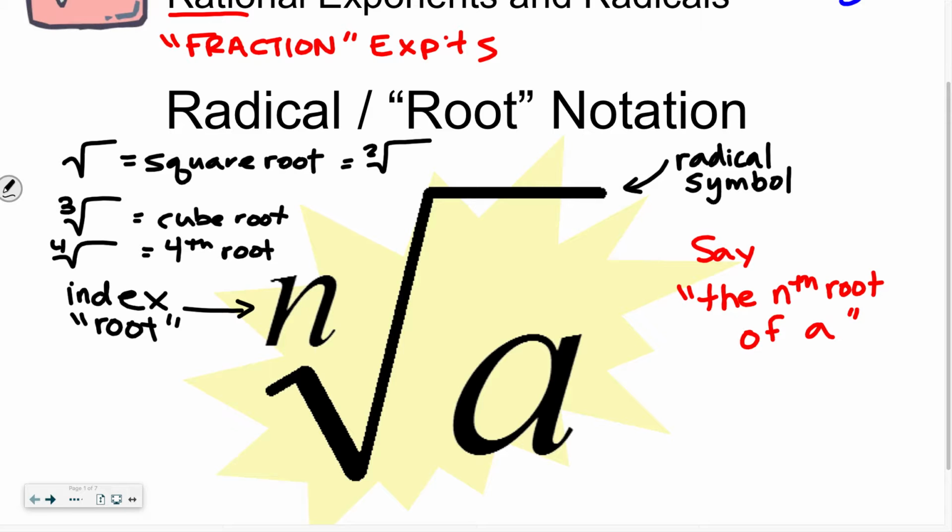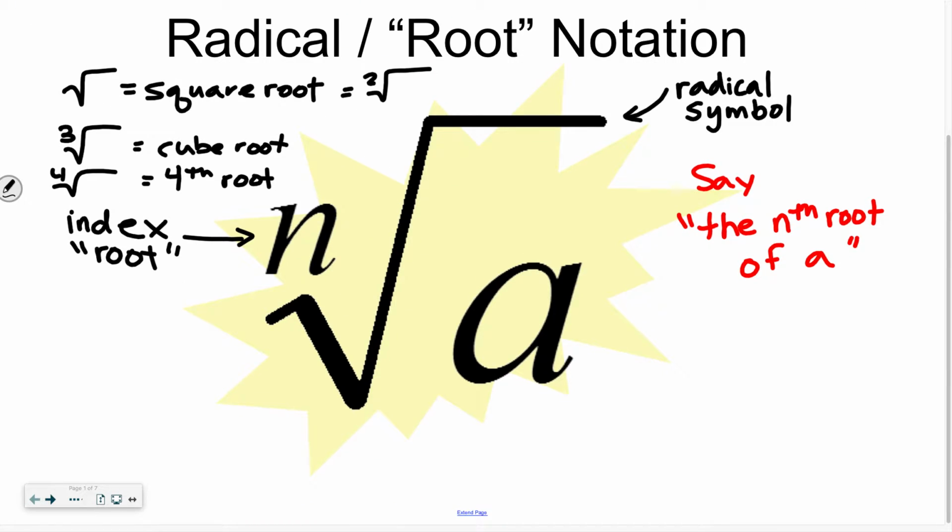That number outside. And then a has a special name. Sometimes I refer to the thing that is like a as the stuff under the radical. That is not a technical term. But we all see it, right? It's the thing under the radical. Its real name is radicand.